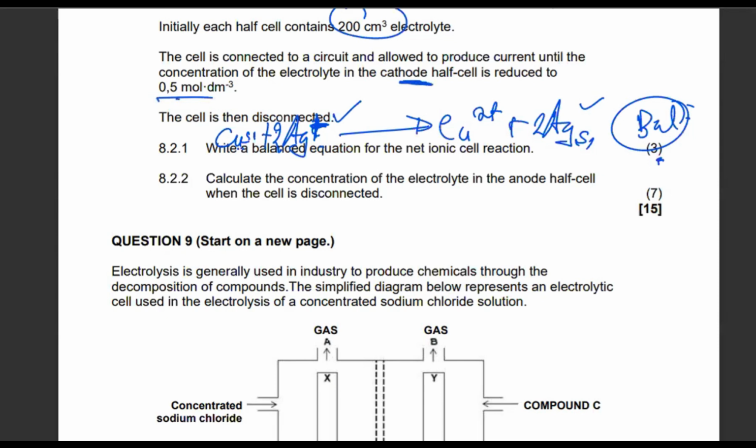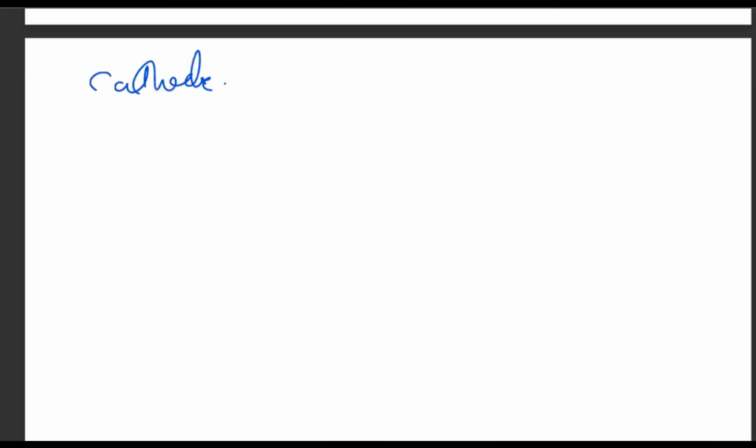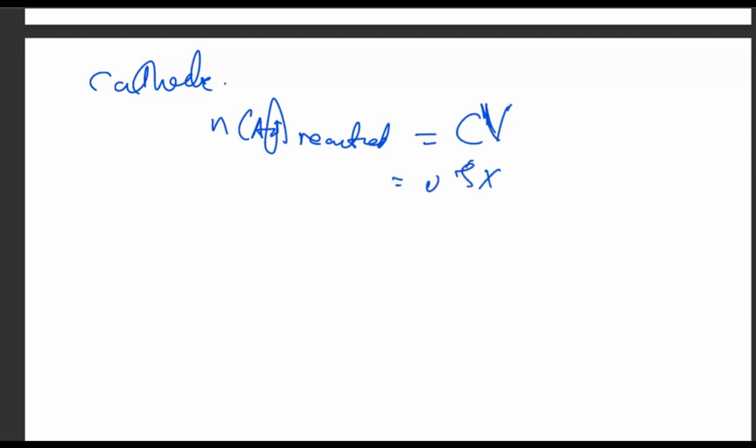Since we know that, because of the details, at least we have the concentration and we have the volume, we can start from there. So the concentration at the cathode, remember, it is silver. So the number of moles of silver that reacted will be equal to C times V, not C over V, of which we have the concentration as 0.5 times the volume, which is 0.2.